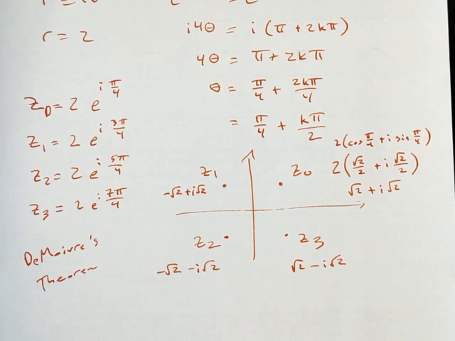If you take any two of those and multiply them together, do you get one of these? Here's a hint. Do your multiplication with the polar versions, not with the Cartesian versions. If you take two of these and multiply them together, what happens?